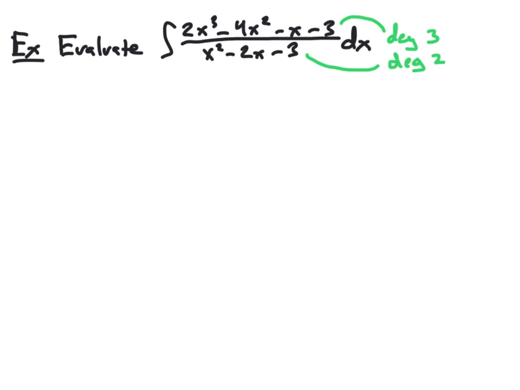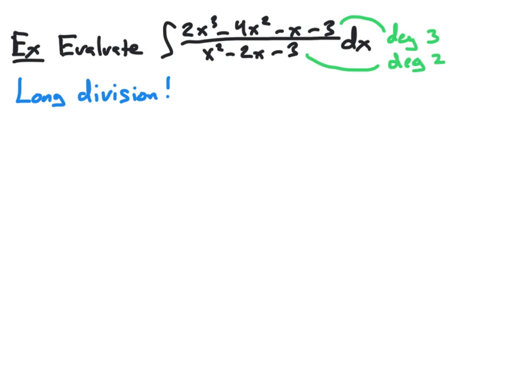And so here we have a rational function where the numerator has larger degree. And when we have that, the first step of our partial fraction decomposition process is to perform polynomial long division to find a polynomial where the degree of the numerator is smaller than the degree of the denominator.